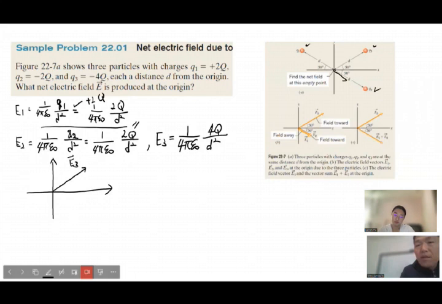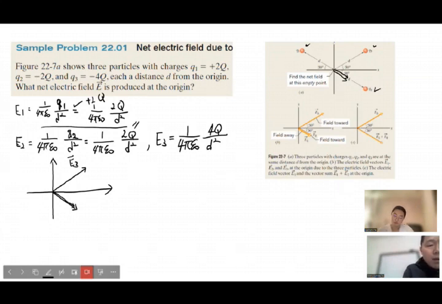And Q2 is a negative charge, so the electric field is also pointing in the same direction. So that should be this. This one is from Q1, and the other one is from Q2.